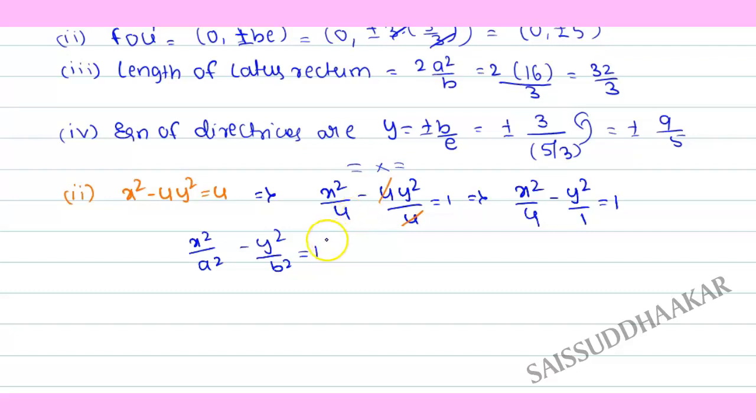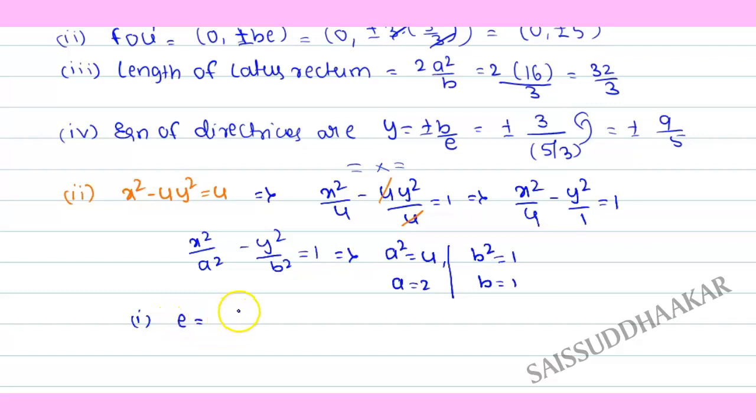By comparison with that formula, we get a square is equal to 4 and b square is equal to 1. So a value is 2 and b value is 1. Now in the question he is asking first for eccentricity.